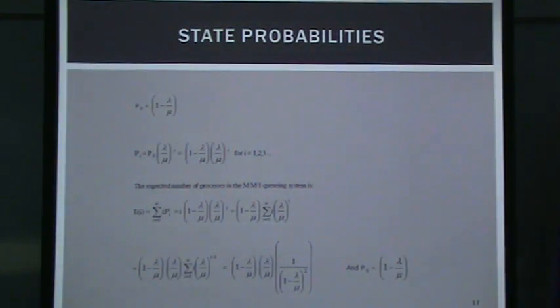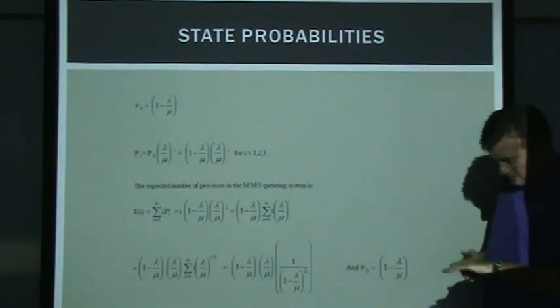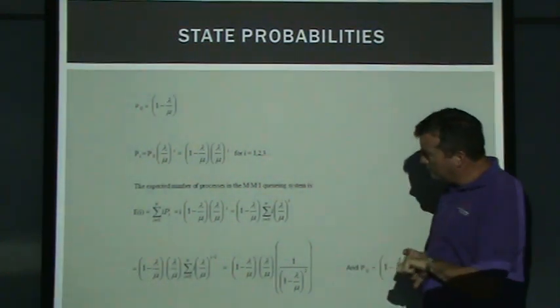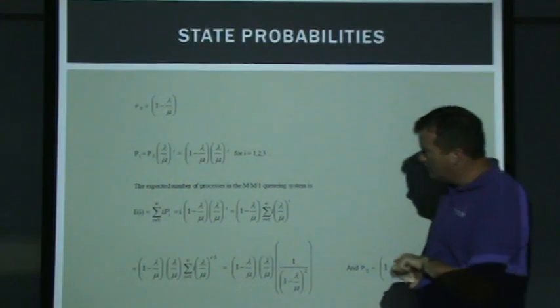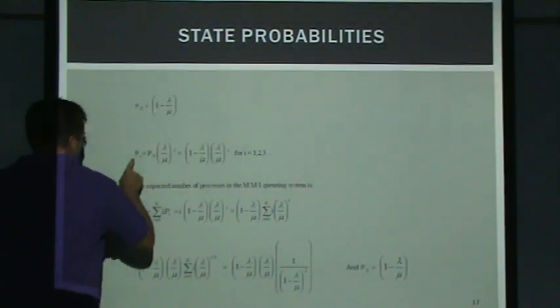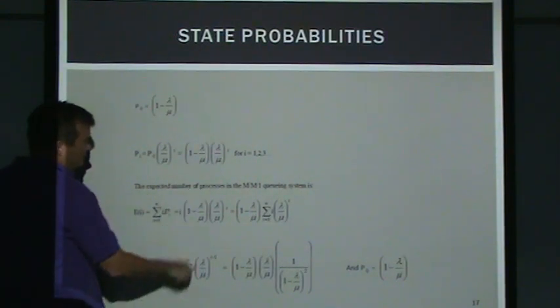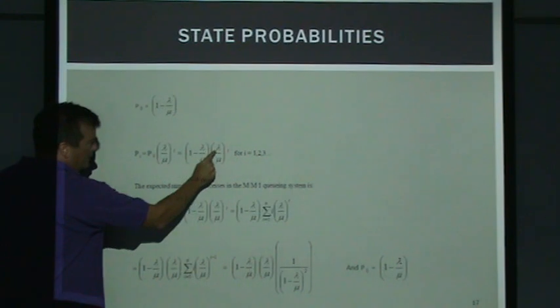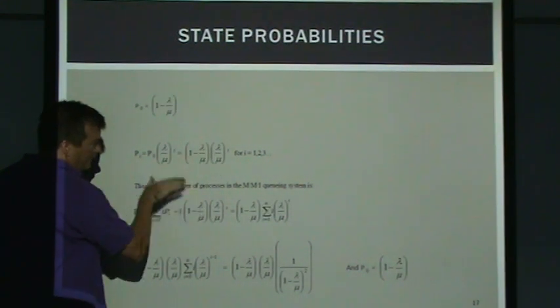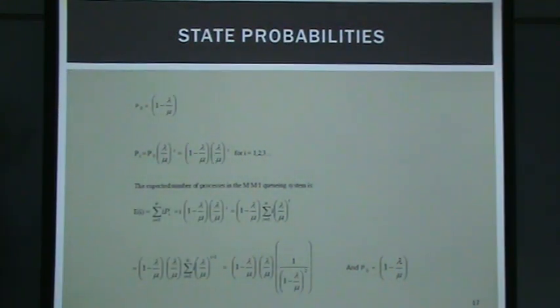Okay, so now the expected number in the system when we arrive would be, now we know the formula for any given state. So it's the probability we're in state 0 times lambda over mu raised to the i, for any number going off to infinity.